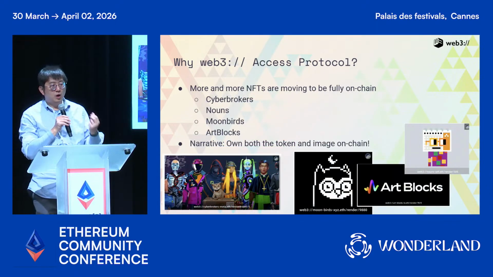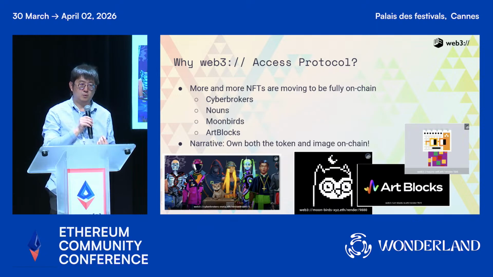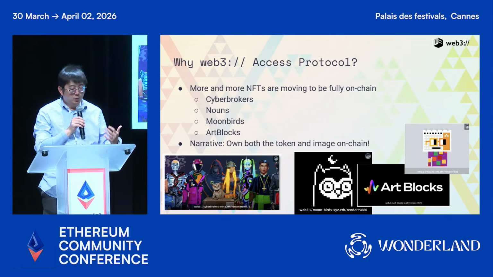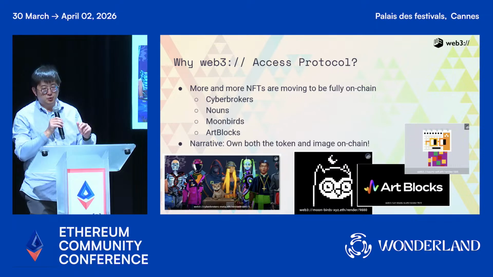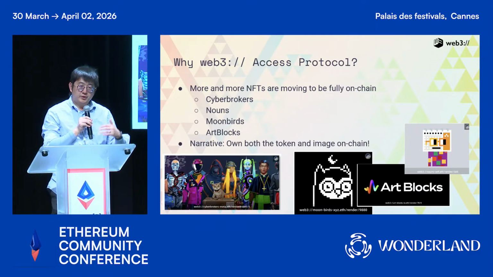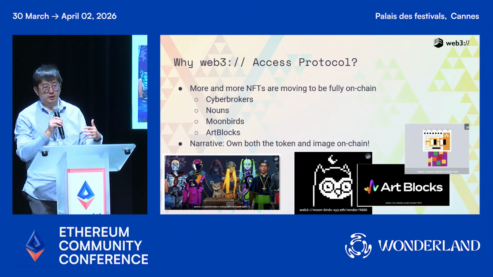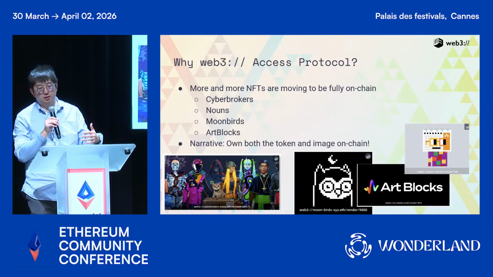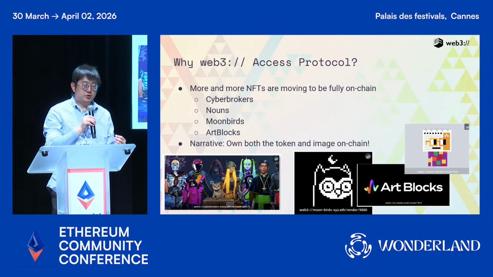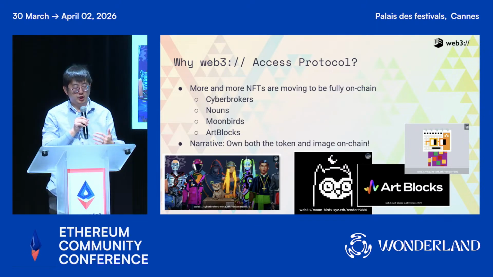So the question is, why do we want this protocol? What is the starting point? When we developed this standard about 2 or 3 years ago, we saw a great trend of fully on-chain applications, where not only the protocol runs on top of smart contracts on Ethereum, but also a lot of metadata, like front-end images, are on chain.